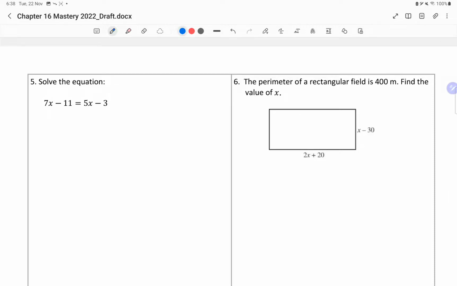Alright. Perimeter is 400, find the value of x. What would you do? Question 6. Just put them on the other side as well, like x minus 30 and 2x plus 20. Okay, and then?